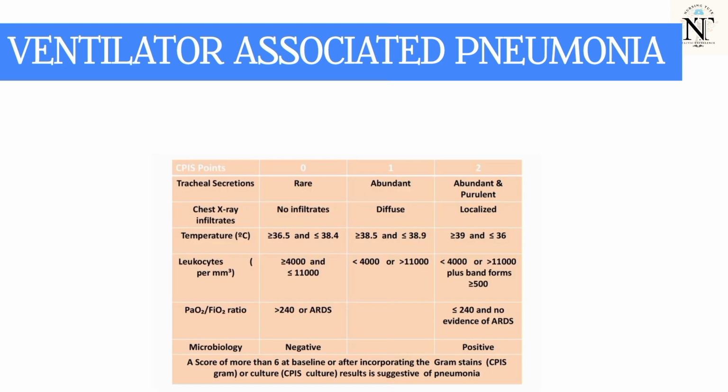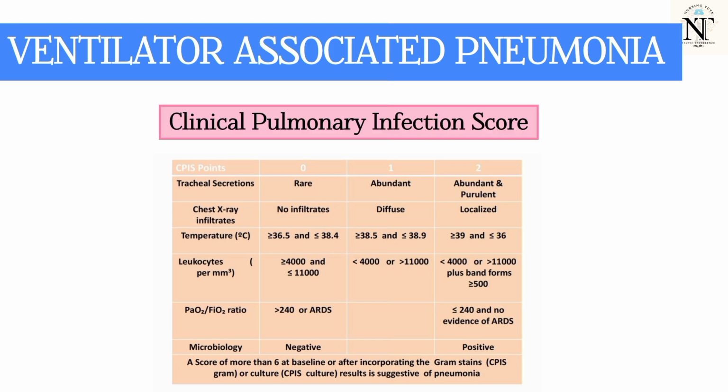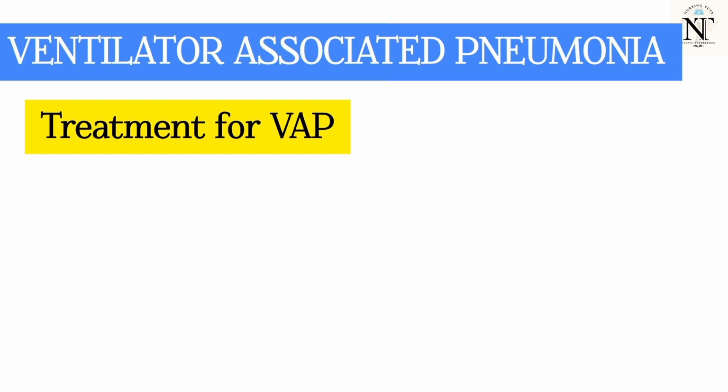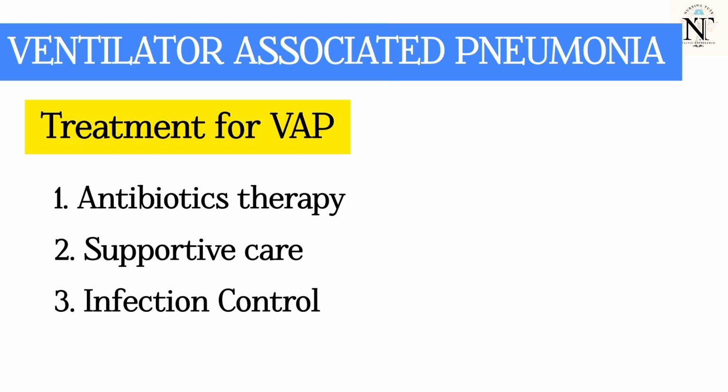Okay. To diagnose ventilator associated pneumonia, we have one scoring scale, that is clinical pulmonary infection score. It is a tool that consists of features to diagnose VAP. Okay. The treatment for VAP includes three components. Those are antibiotic therapy, supportive care, and infection control.